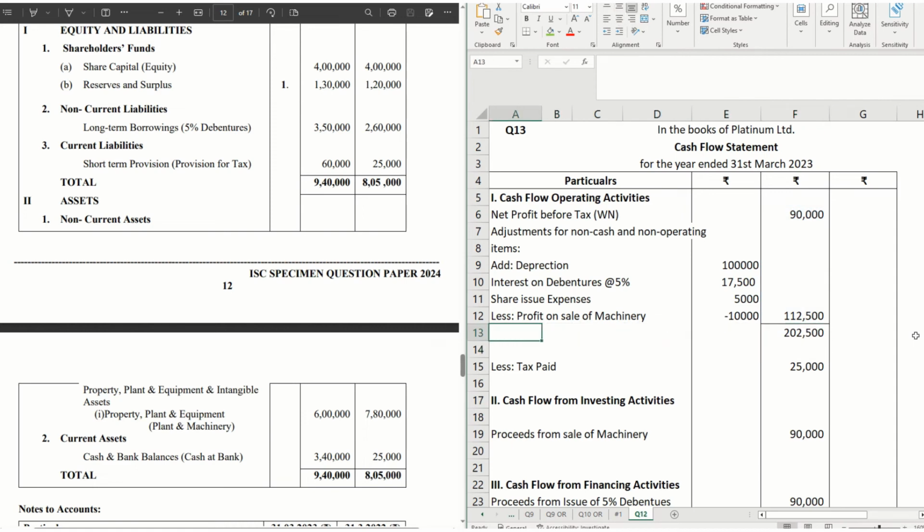This becomes cash from operations, or cash generated from operations, right? After you subtract tax, the amount that you get becomes your net cash from operating activities. So just be careful with the calculation. Tax here will be subtracted. So you're getting 1,77,500. This becomes your cash flow from operating activities.